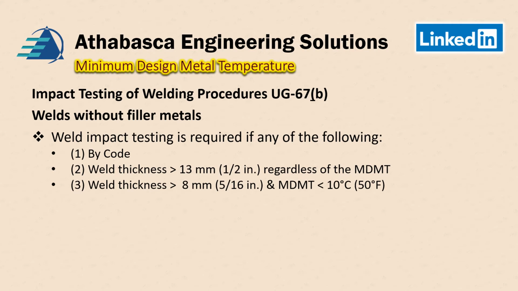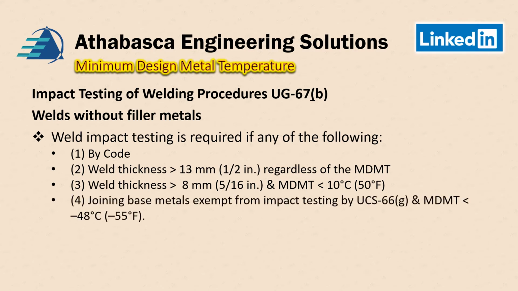Here's a second case: if a weld thickness is greater than 5/16 of an inch and the MDMT is less than 10 degrees centigrade, then impact tests are required. And lastly, if the joining base metals are exempt from impact testing by UCS 66G, and if the MDMT is colder than minus 48 centigrade.